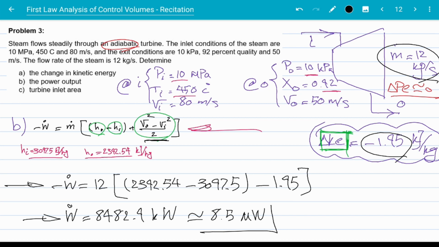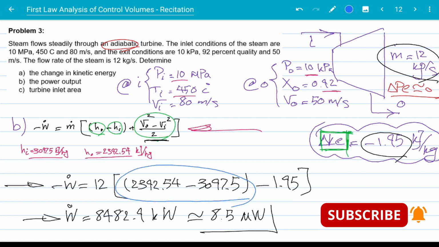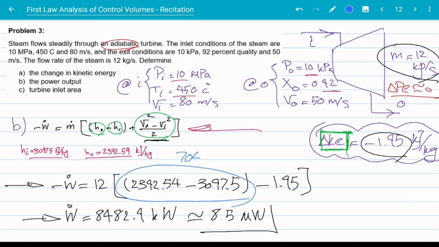Now, there is something that you need to pay attention to. The difference of enthalpies in this equation is about 704.95 kilojoules per kilogram, while the difference of kinetic energy is 1.95 kilojoules per kilogram.